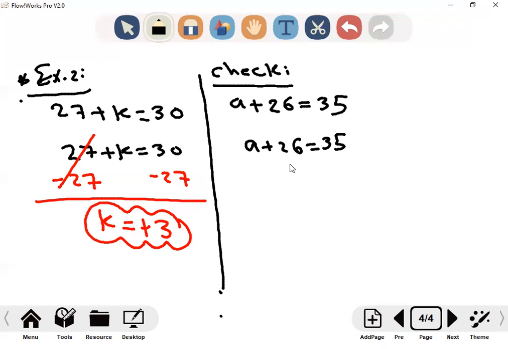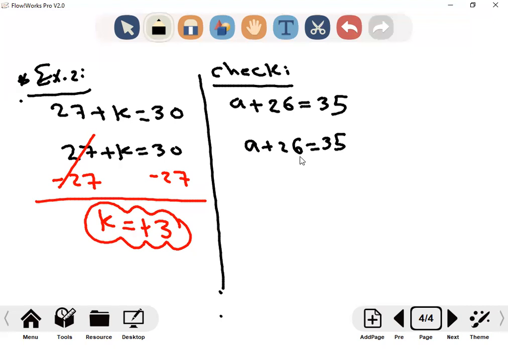How? Look here. If we have addition, what do we do to the number on both sides? We need to have a alone, so I need to get rid of this plus 26.